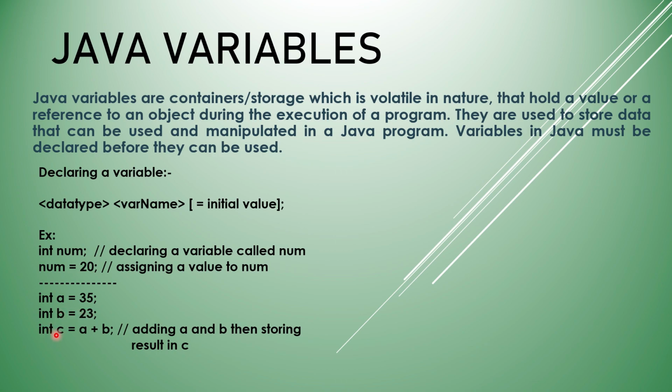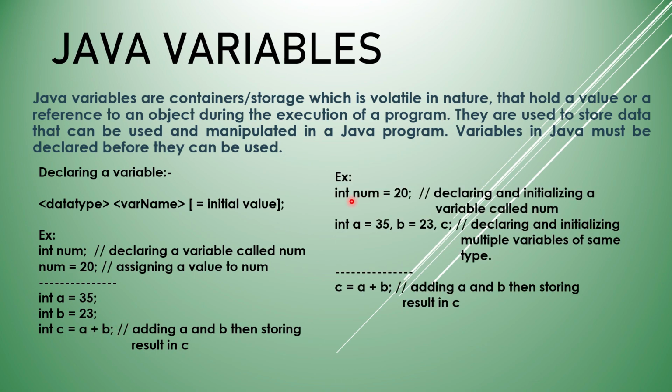And finally we are creating a variable called c, and we are adding the value of a and b, and the result after the addition will be assigned back to c. So c will now store the sum of a and b. This is how we can create or declare variables, or we can manipulate variables.